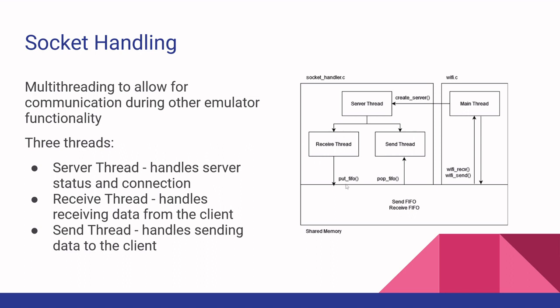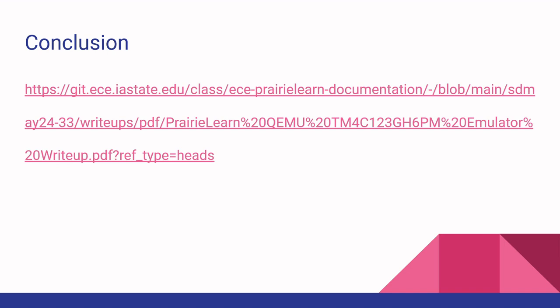Both of them will do their own FIFO operations with the send and receive FIFOs, also thread safe. But the main interface you need to worry about is the create server to start up the threads, and then the Wi-Fi send and receive to collect and send data between the sockets.